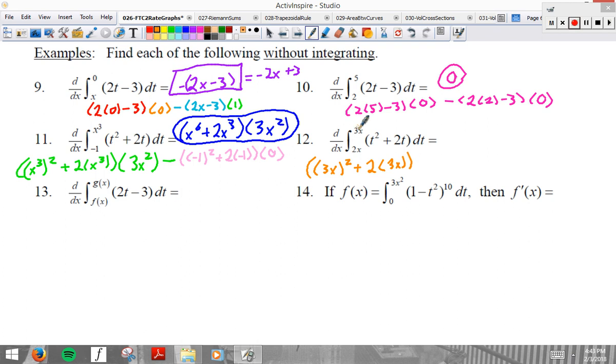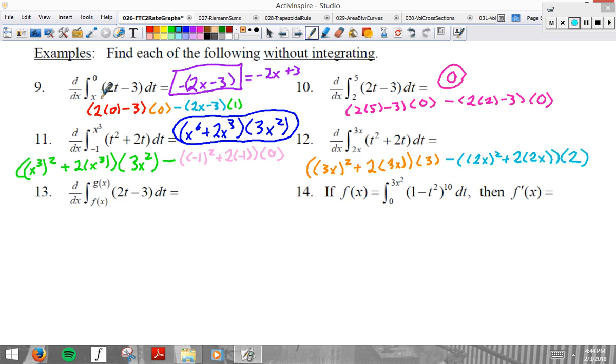Now that I've plugged in my upper bound, everywhere it says t, I'll multiply by the derivative of the upper bound, which is almost certainly 3, minus plugging in the lower bound for everywhere I see t, times the derivative of that lower bound. Now here's something I don't really want to simplify. I'm not sure I could fit it right here, to be honest, and that's a perfectly acceptable final answer. So we'll just move on.